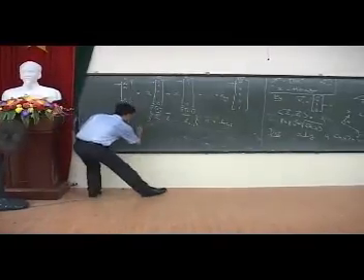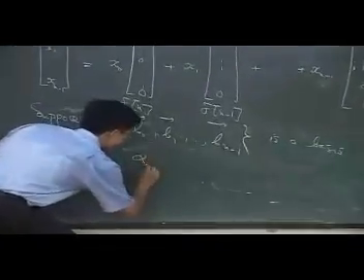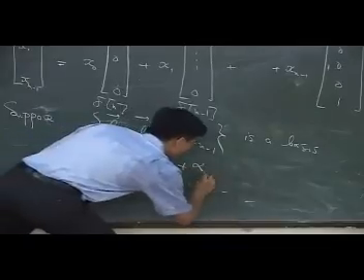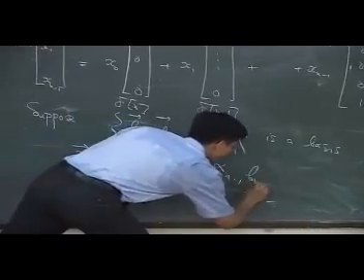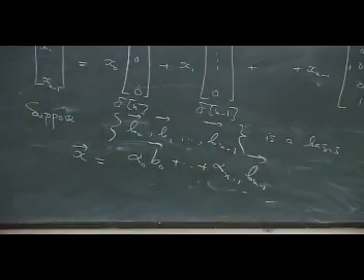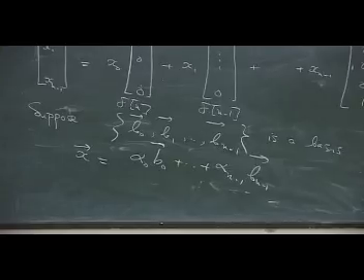So I can write now any signal x equal to alpha 0 V0 plus ... plus alpha n minus 1 Vn minus 1. Right? I can write this form.